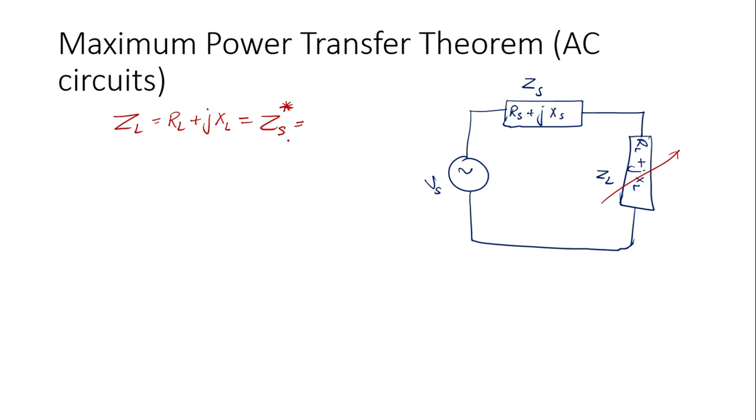So ZL, when it is equal to the complex conjugate, and the complex conjugate of a complex number means you just replace the positive with the negative, so that means it will be Rs minus jXs. So the load impedance, when it is equal to the complex conjugate of the source impedance, you will get the maximum power transferred from the source to the load.